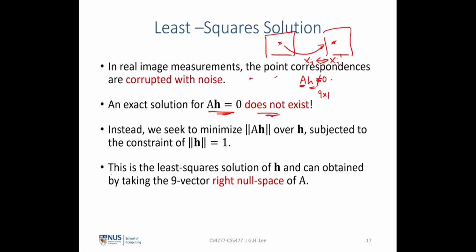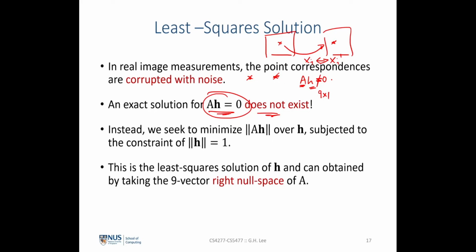And instead, we seek to minimize the norm of Ah over h, subject to the constraint that the norm of h equals 1. Since we know that the point correspondences are corrupted with noise, it's impossible to reach this cost of exactly 0, such that we can never find an h that fulfills the equation of A multiplied by the h that we found equals exactly 0.